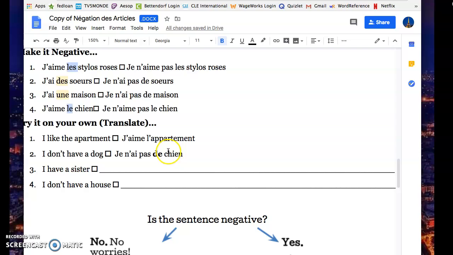Yes or no? Our noun is a dog, and chien is the word. It begins with a C, so no, it is not a vowel. You need DE and not D apostrophe.